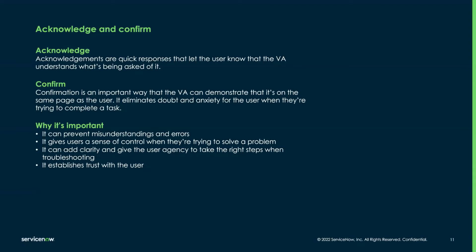So the phrasing in this case would be like, you want this meeting scheduled for today at 1 p.m.? Is that right? So it's just a matter of making a gentle assumption because it understands, and then asking a question to make sure that it's correct. So, next slide.